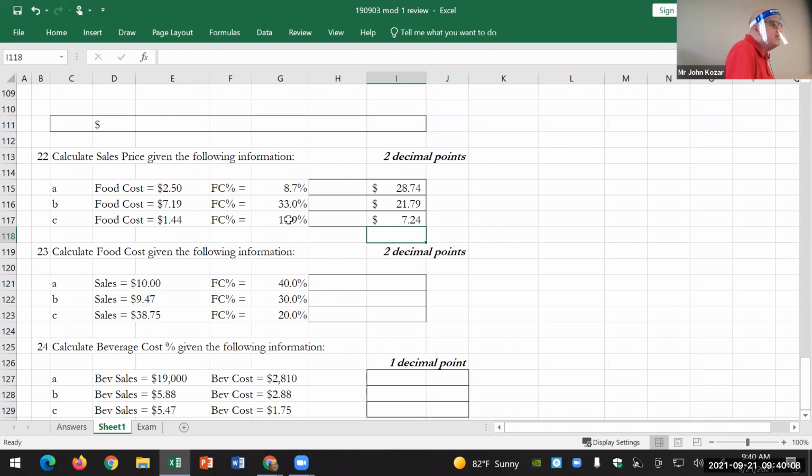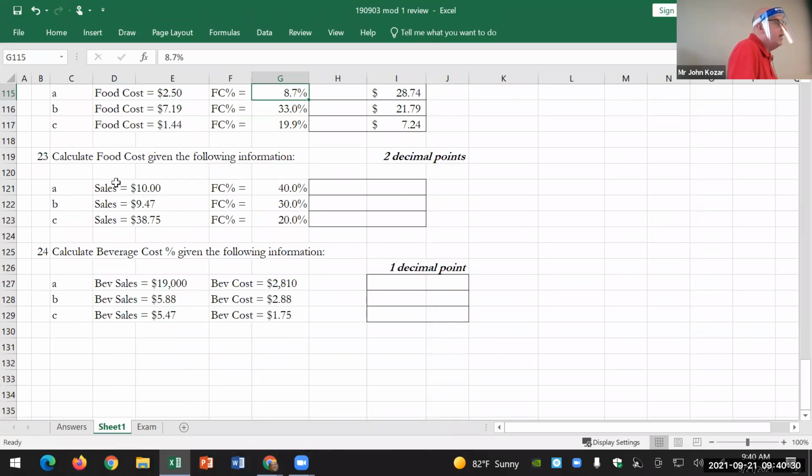So even like 19.9 or 20% food cost percent gives you a little bit more realistic menu price. This is at 8.7%. I'm not sure I can think of anything that you could sell with that much of a markup on it.